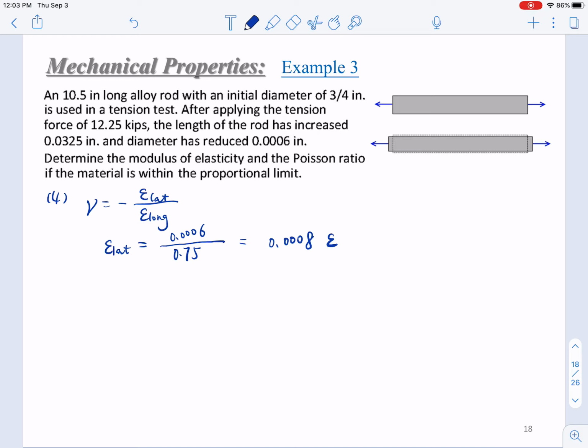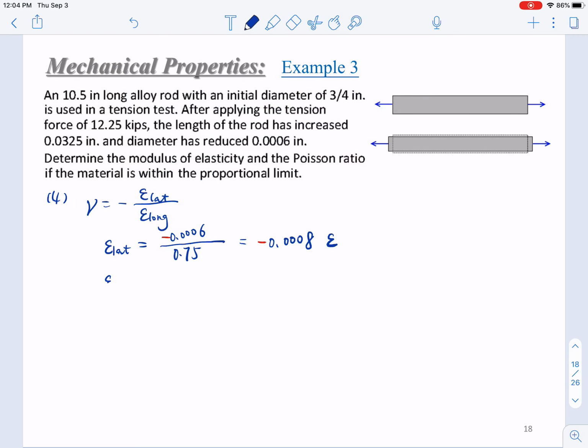Is there any problem in this calculation? Sure, we missed a negative sign. Since it reduced 0.0006, we'll get a negative strain.